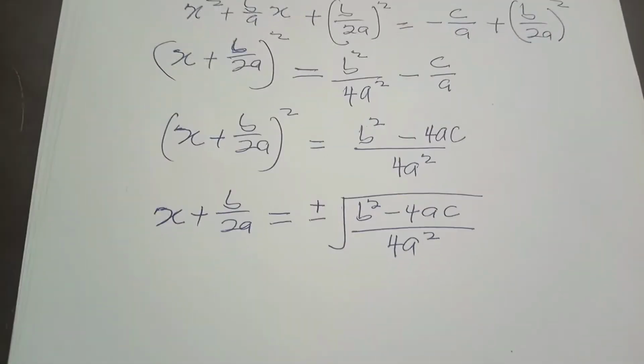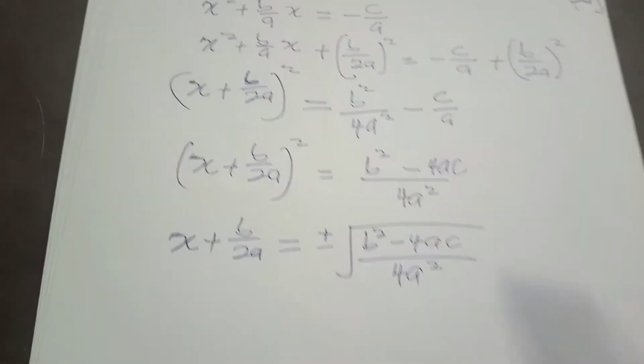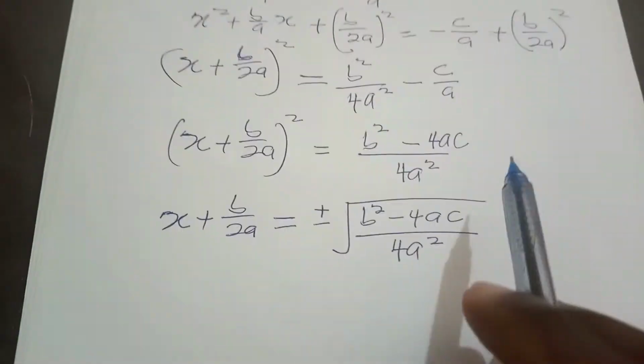We continue to simplify the right hand side, but before that we can move this term here to the right hand side so that we can make x the subject.